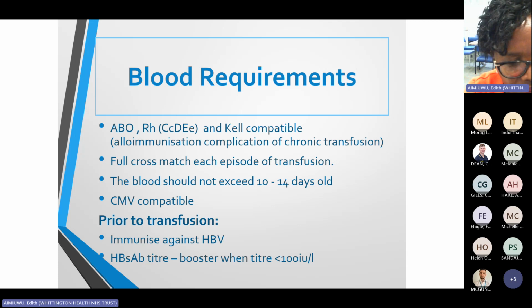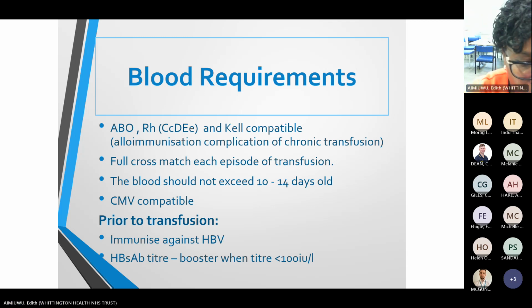And probably not on this slide, sometimes, if I know in the future they might require a bone marrow transplant, I will often require blood that is CMV negative as well. Or even, in some instances, irradiated blood if I know they're going to go for a transplant.